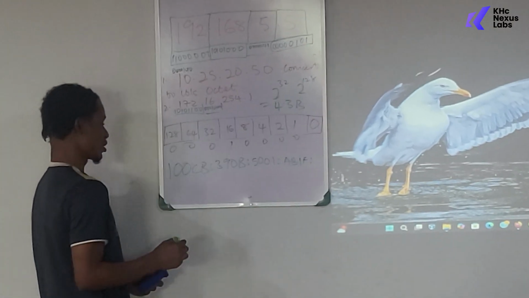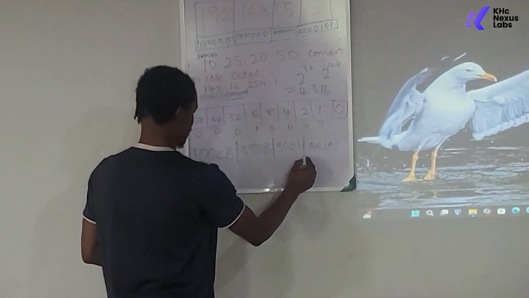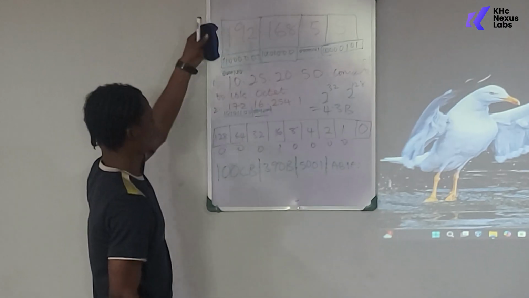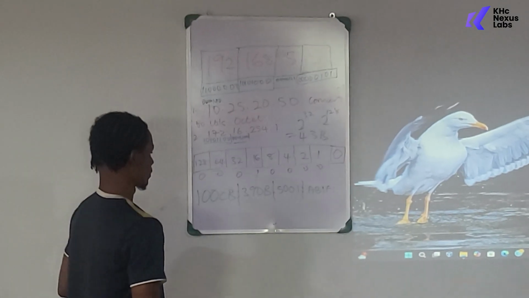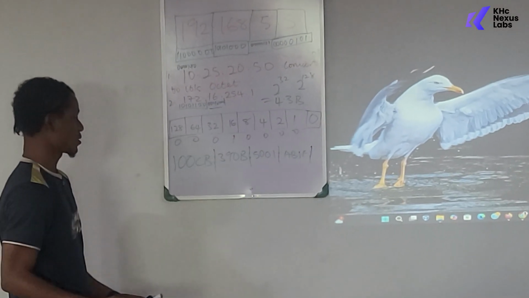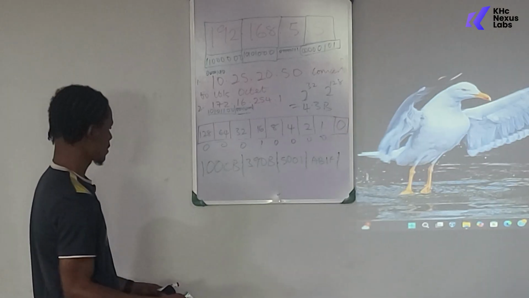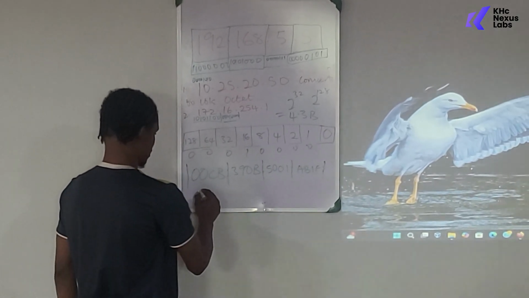So it just keeps going on and on. I want us to take note of these parts. Just like here, we have 4 octets. In IPv6, we have 8, right? And each of them here is what?